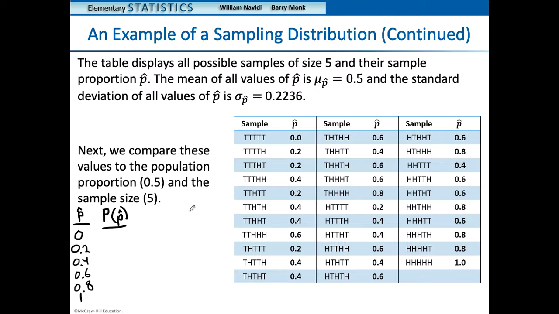So, for example, the probability that the sample proportion is 0, we would come up here and say only one of these sample proportions is 0. And there are 32 total, right? So that would be 1 divided by 32, which is equal to 0.03125. So that's what you would put right here.